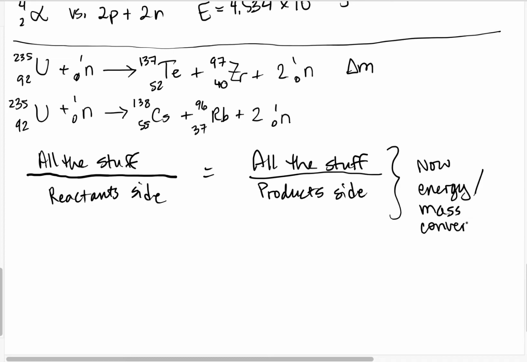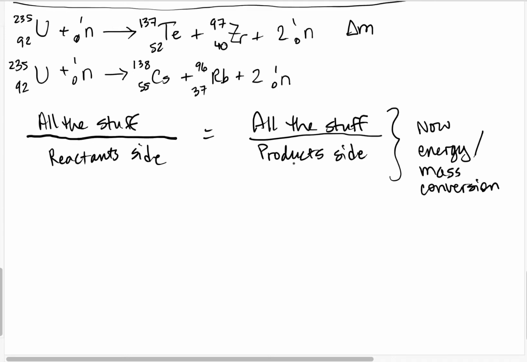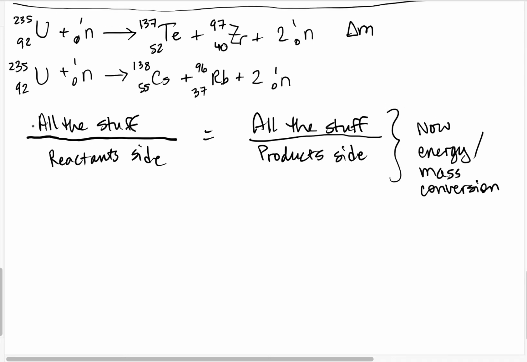So when we do energy and mass conversion, we aren't creating or destroying anything, we are converting it from one form into another. So when we look at balancing nuclear reactions here, in chemical reactions, all of our elements stayed the same.